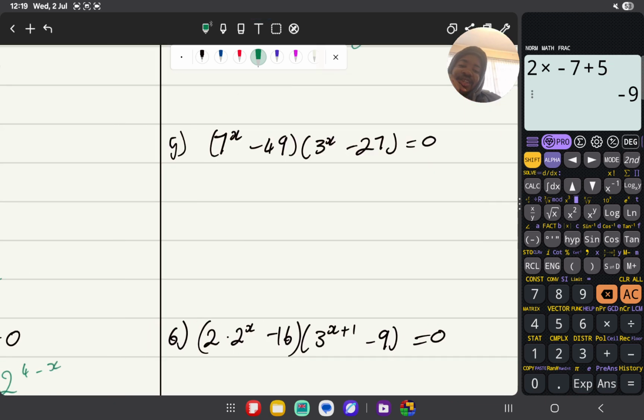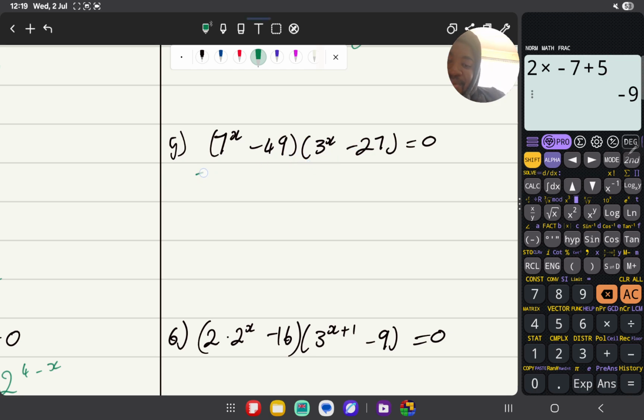This is really beautiful, what I'm seeing here. Because already this is 7, I know this is 7 squared. So this is 3 to the power of x. And then we already have the bracket, so the factorization has already happened for us.